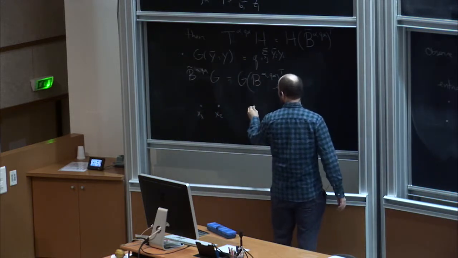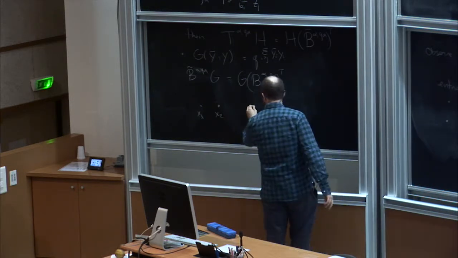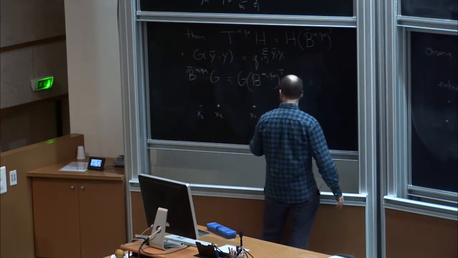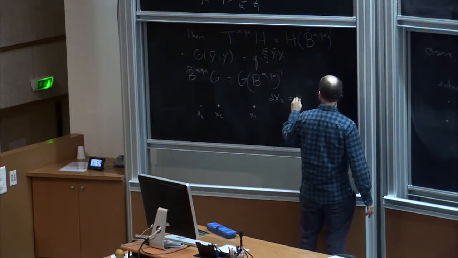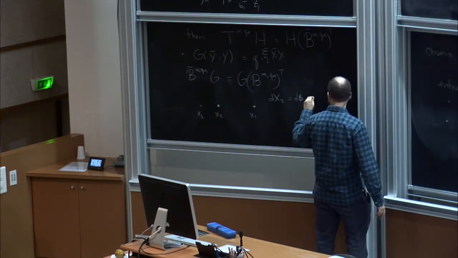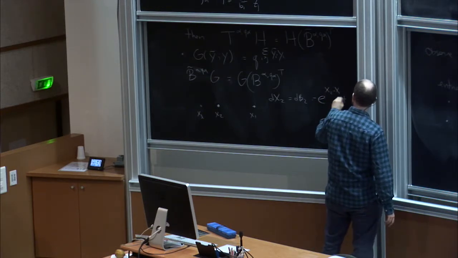Particles evolve according to Brownian motion, subject to a drift. So if we describe particle 2, dx2 would be db2, Brownian motion, plus, or maybe minus, e to the x2 minus x1 dt.